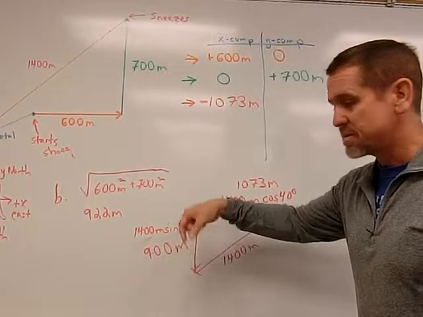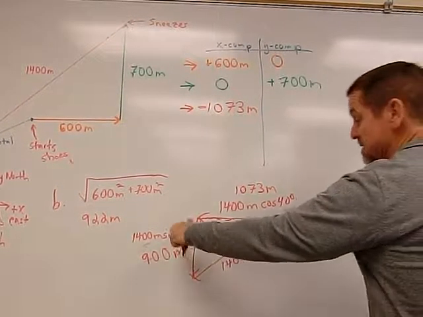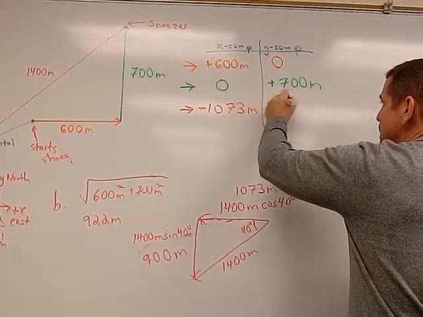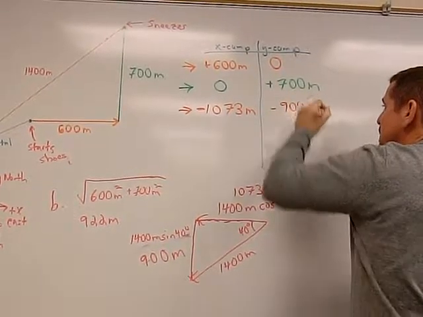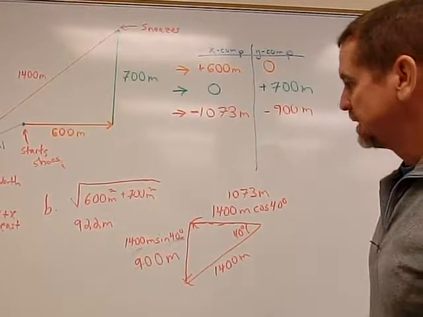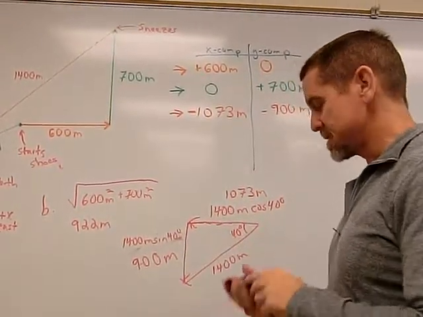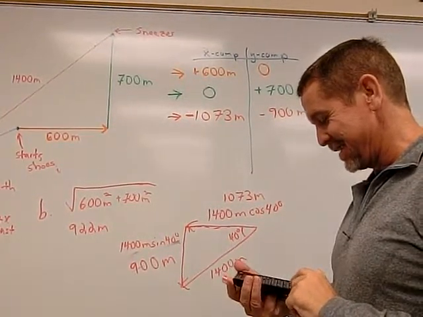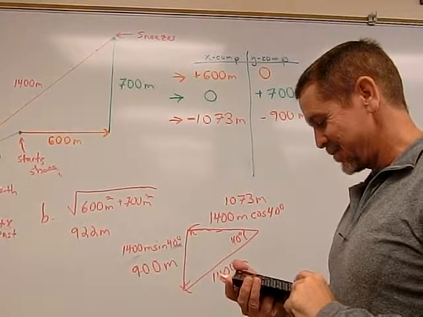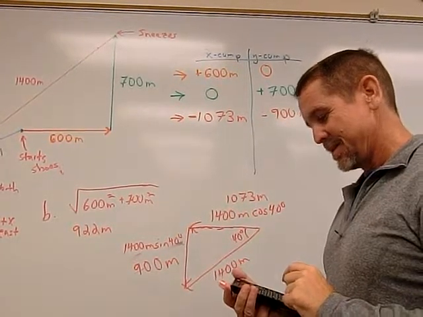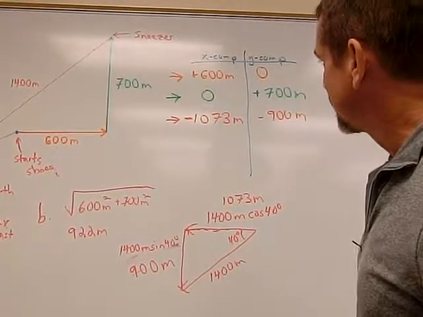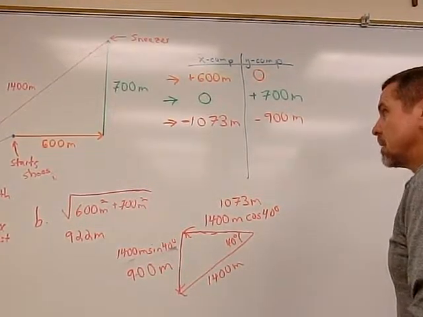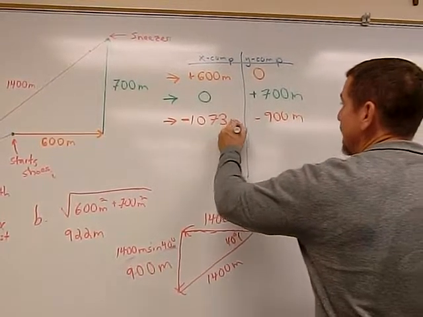This 900 meters is also going to be, since it's down, i.e. south, it's minus 900 meters. Looks like that. I'm so surprised to see this exactly 900. I'm going to calculate it again. 1400 times sine 40. Yep, 900. Isn't that funny? Okay, so now that we've broken them up into the components, now we can add.